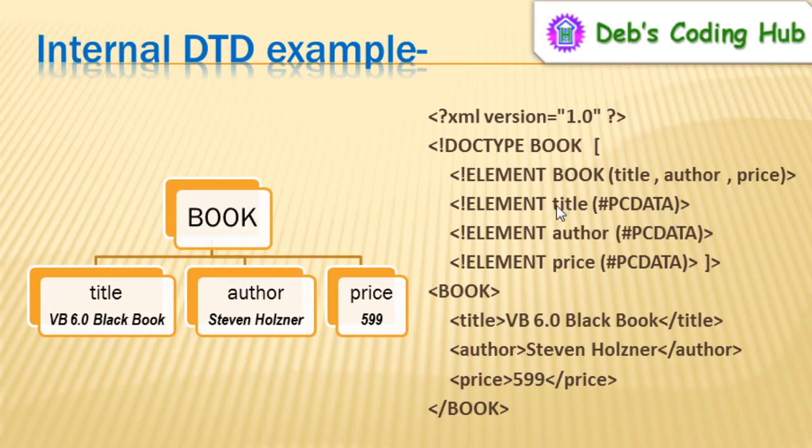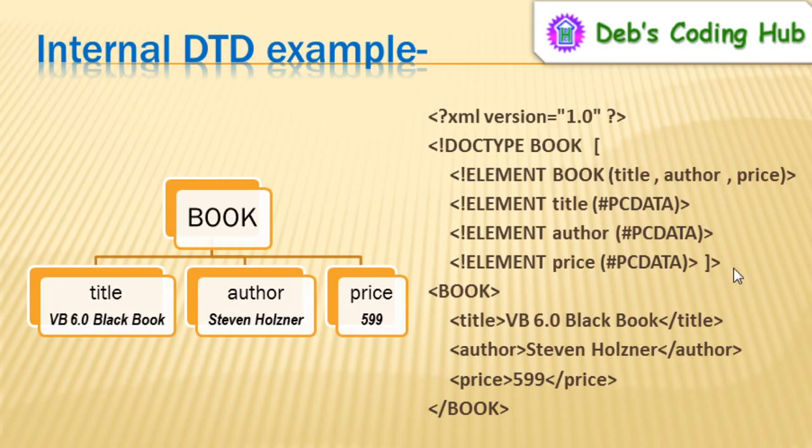For author and price also, we have to define elements like this and put #PCDATA. Then we close the doctype by using the angular bracket. So this is the opening of the doctype and this is the closing of the doctype. And within square brackets, we are putting the definitions.